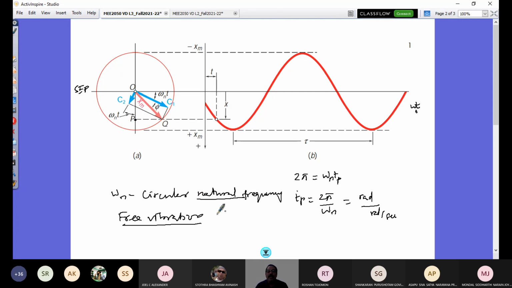You also define a time period to complete one cycle from here to here. Here what is taken is not omega nt, but t only.